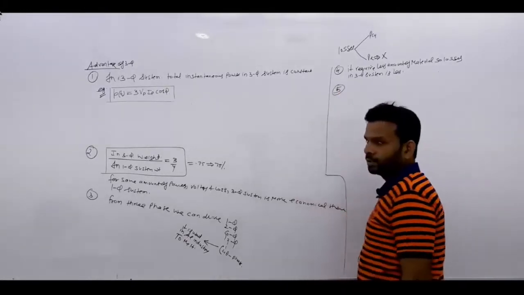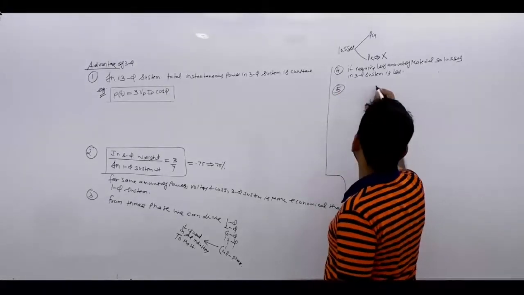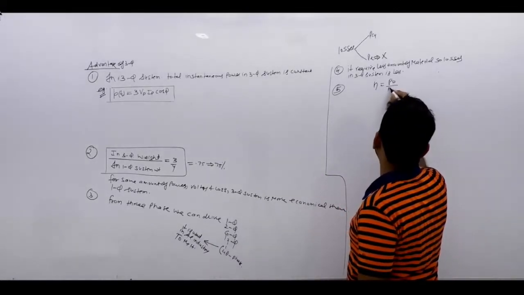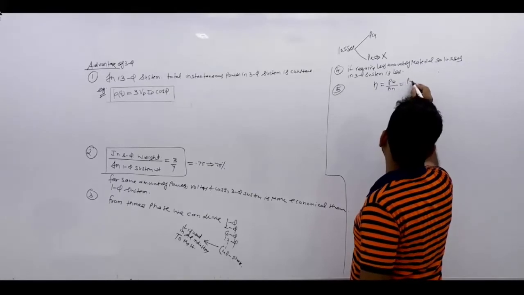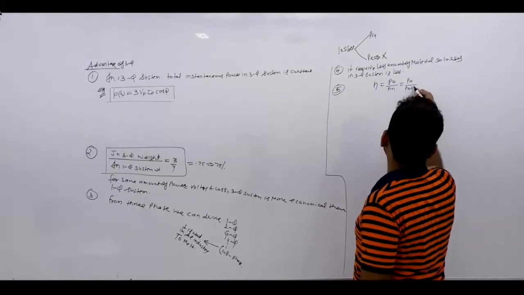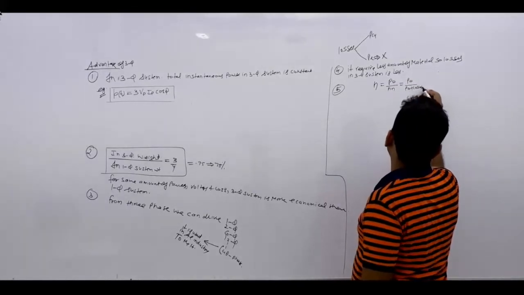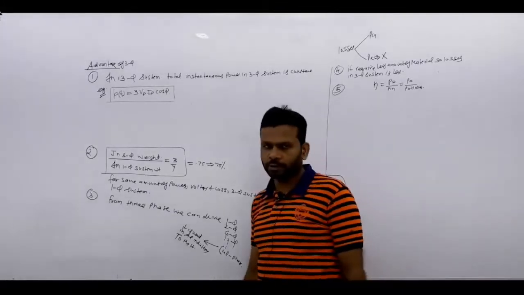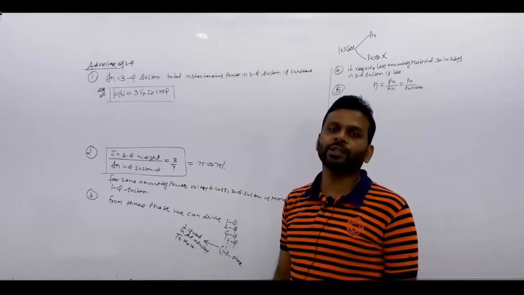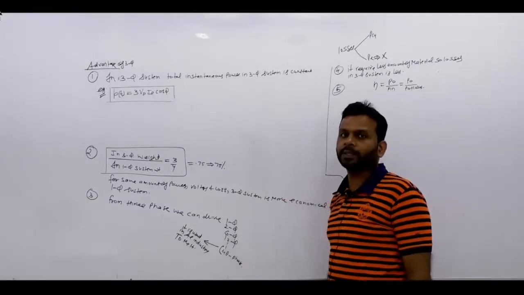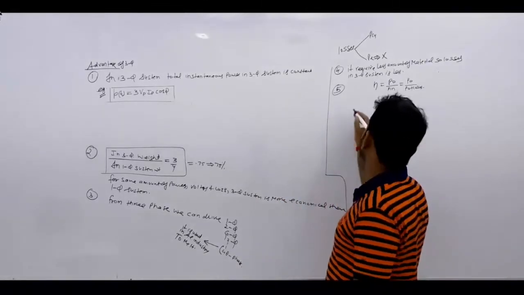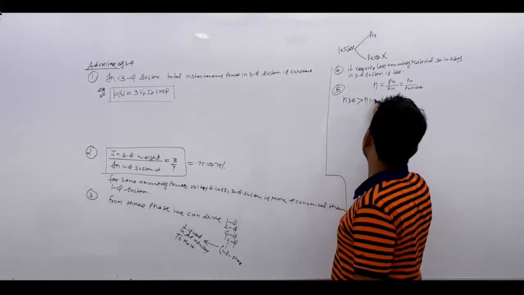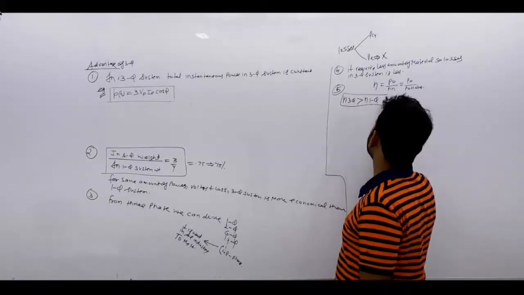Now fifth point, efficiency is what? Output upon input, that is equal to output upon output plus losses. Okay, now in three-phase system we require less amount of material, so losses are less. If losses are less, then efficiency of three-phase system is better than the single-phase system. So in the next advantage, the efficiency of three-phase system is greater than the efficiency of single-phase system.